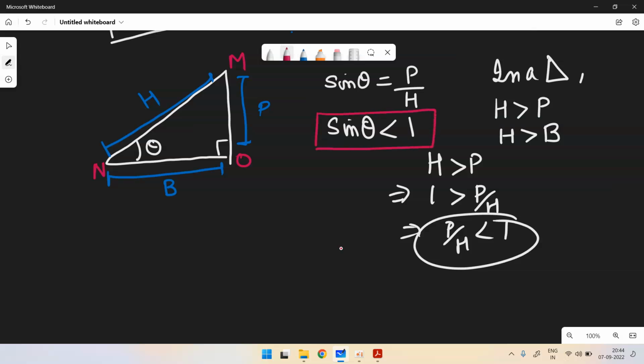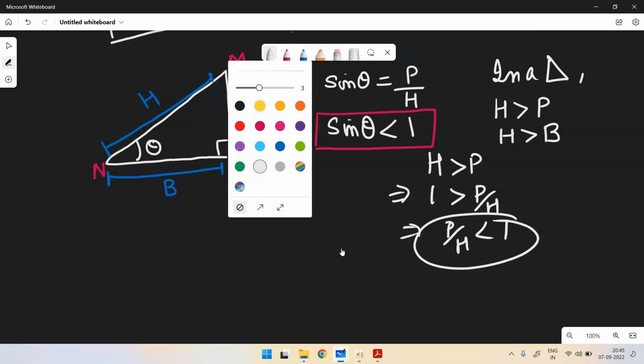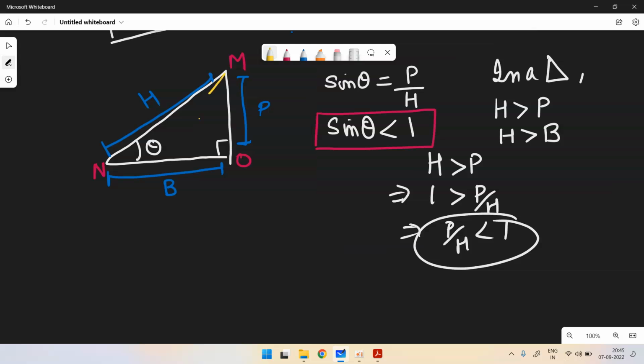So what can it be at minimum? I will show you. Sine theta is always less than 1. Now I'm taking some worst case. Let me draw with some different pen. Now if this theta increases, this is theta 1, this is theta 2, this is theta 3, then theta 3 is greater than theta 2, which is greater than theta 1.